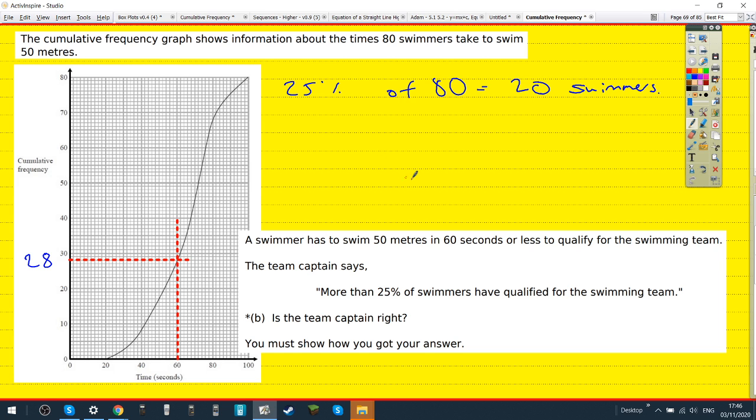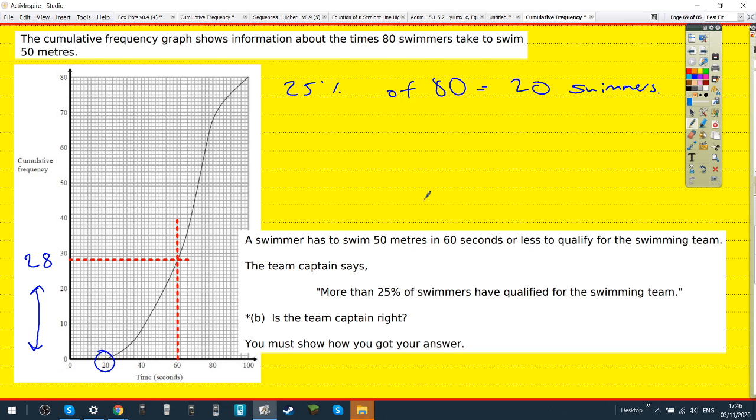So which swimmers took less than 60 seconds? 27 swimmers took less than 60. So these swimmers in here, they took between 20 and 60.